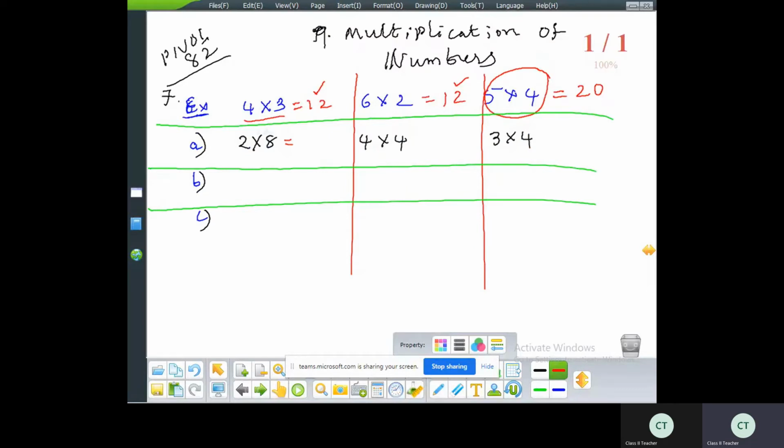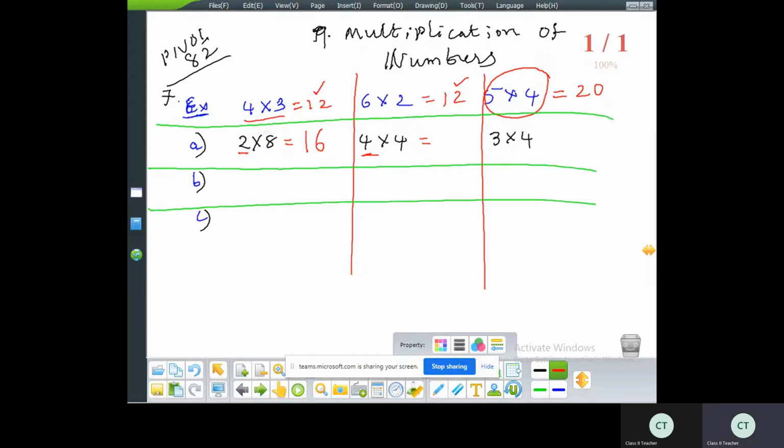Now read 2 table. 2 ones are 2, 2 twos are 4, 2 threes are 6, 2 fours are 8, 2 fives are 10, 2 sixes are 12, 2 sevens are 14, 2 eights are 16. Now second one, 4 into 4, or 4 times of 4, or 4 is multiplied by 4.